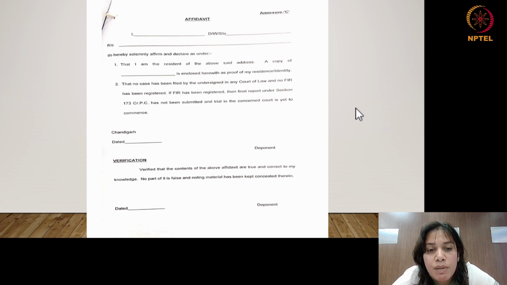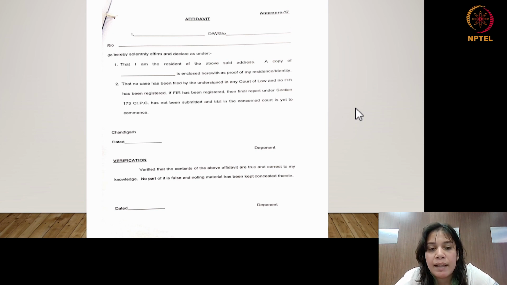That no case has been filed by the undersigned in any court of law and no FIR has been registered. If FIR has been registered, then final report under section 173 of the CRPC, that is the Criminal Procedure Code, has not been submitted and trial in the concerned court is yet to commence.